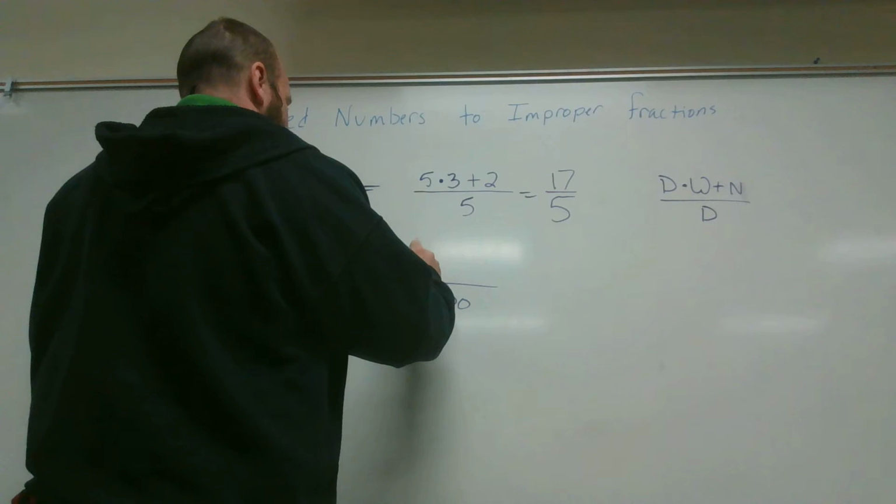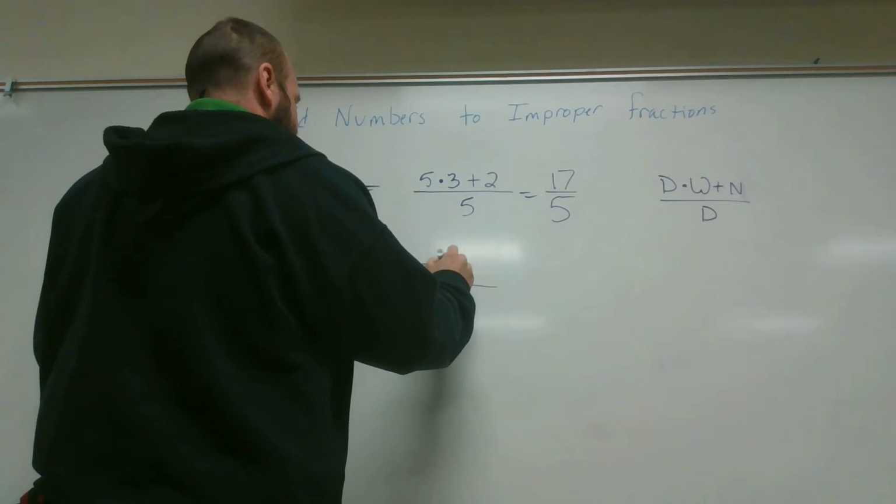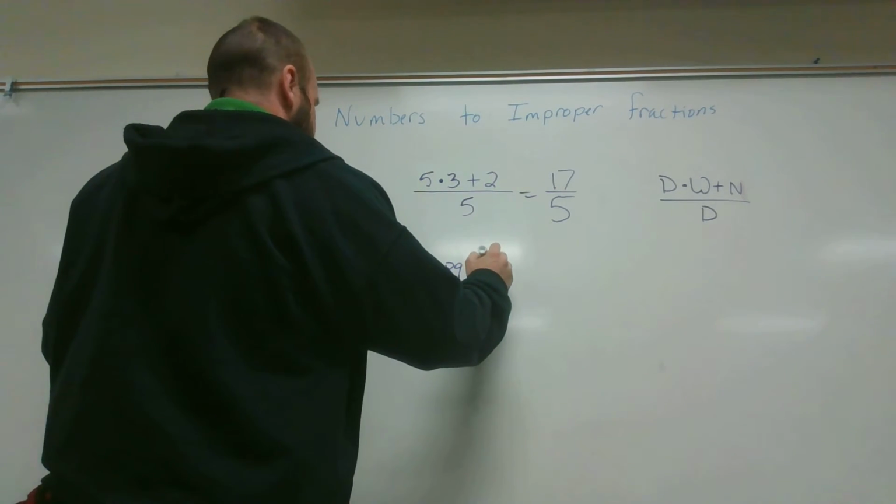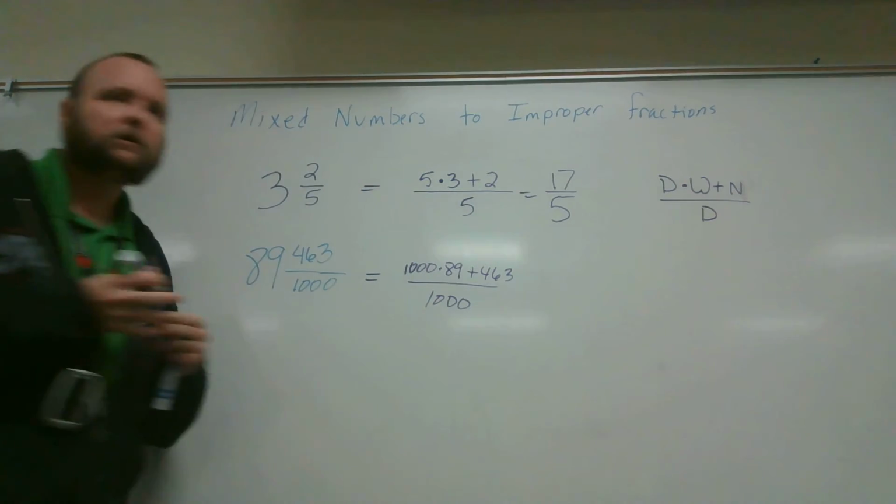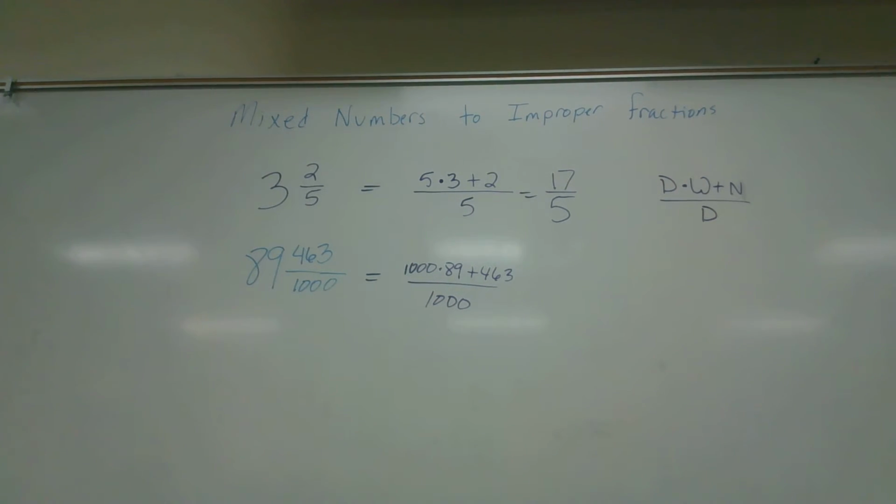You would have 1,000 times 89 plus 463. That's really very easy. 89,463? Yeah.